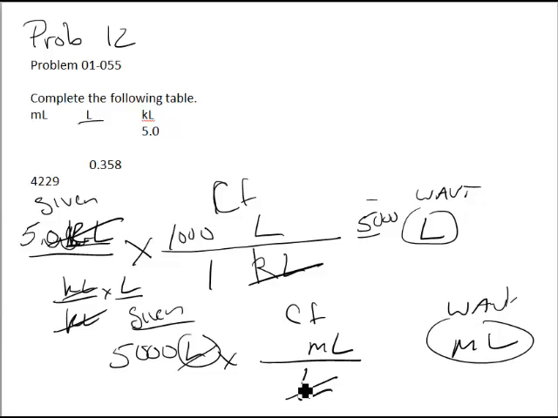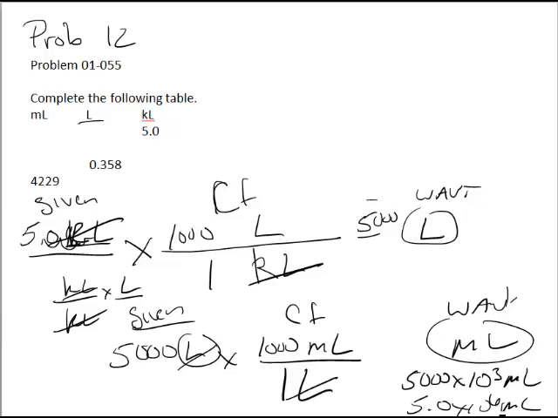Which one's the big one? The big one is liters, so the 1 goes there. And milli means 1,000, so there will be 1,000 of those little ones. And this becomes 5,000, essentially times 10 to the 3rd milliliters. Now you'd actually express that in scientific notation as 5.0 times 10 to the 6th milliliters. But that's how you do those problems.